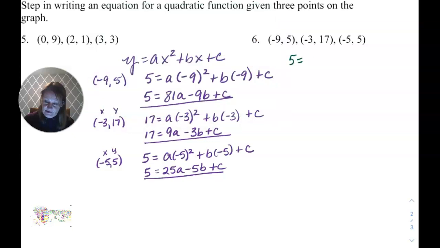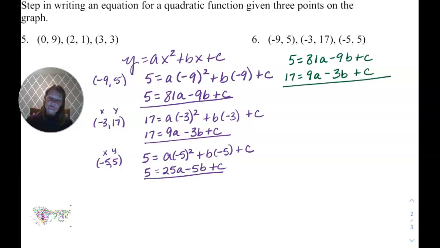Okay, so 5 equals 81a minus 9b plus c, and then I'm going to grab the 17. Okay, and again, the c's are the same, so I can just do a subtraction. So go through and change everybody's sign.